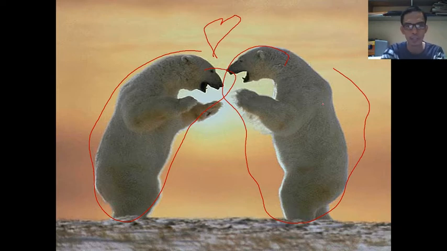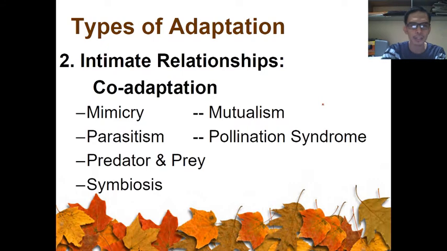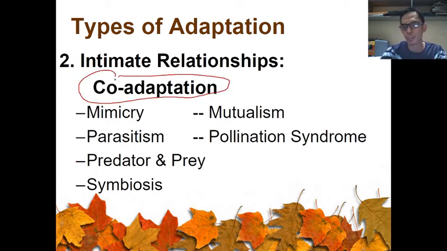Next, the second type of adaptation is intimate relationship. In this case, we have what is called co-adaptation. What is co-adaptation? It means that organisms are mutual, or somehow attached to each other.